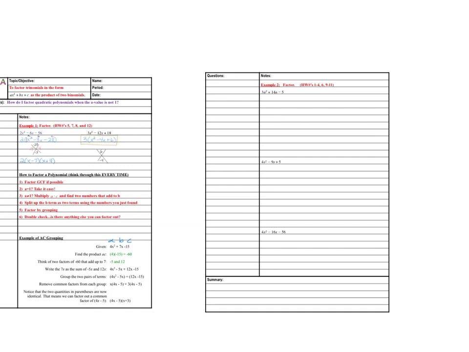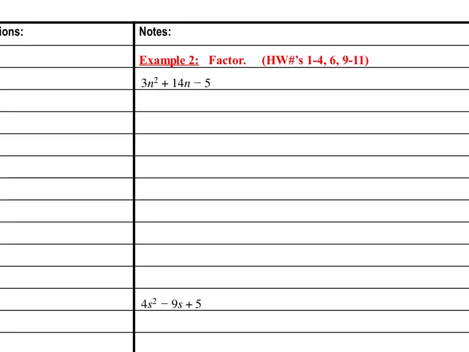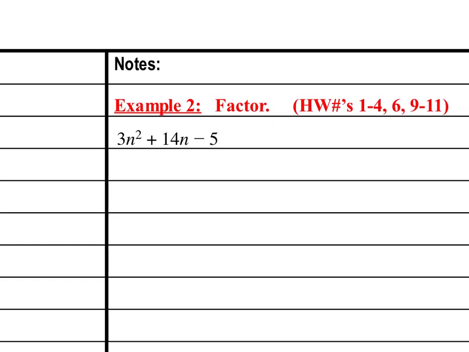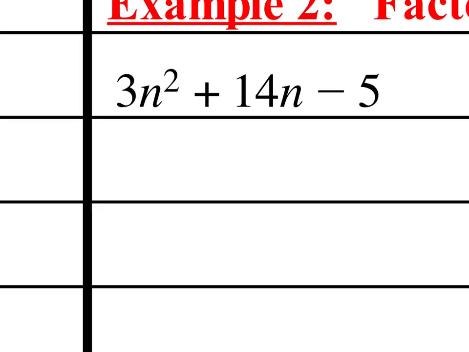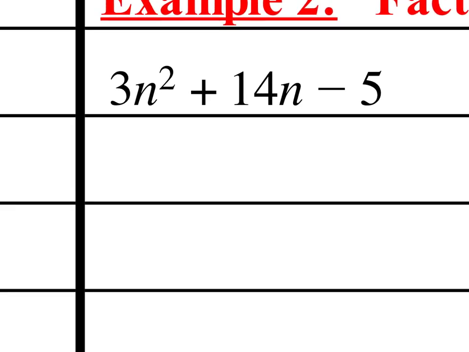Okay, look at the first one in the back. Here's the problem. It's not 4 terms, so you can't factor by grouping yet. And the A term is not 1. What is it? 3. Bummer. So let's go through the steps, and they're also over here on this lovely poster.